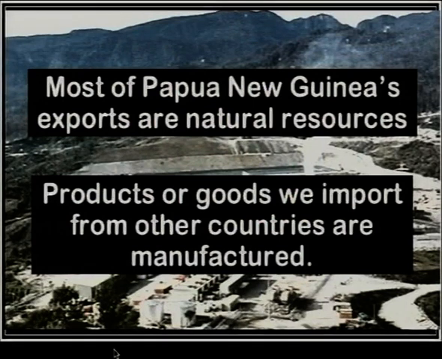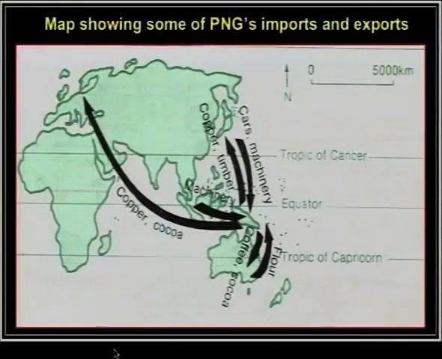All right, page 9 of your textbook, class and receiving students. The map shows some of PNG's main imports and exports. Looking at those arrows, our cocoa and copper go all the way to Europe, West Germany or Germany.